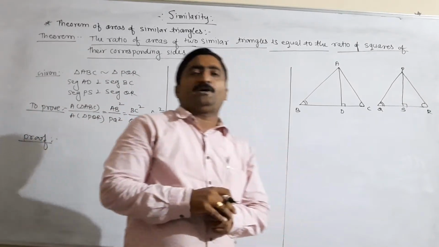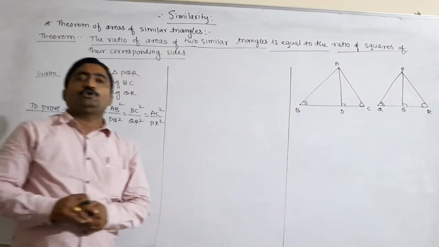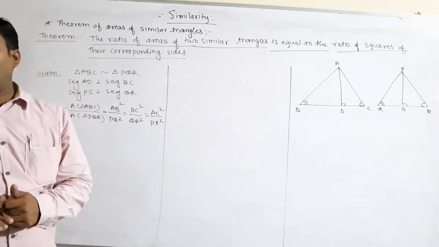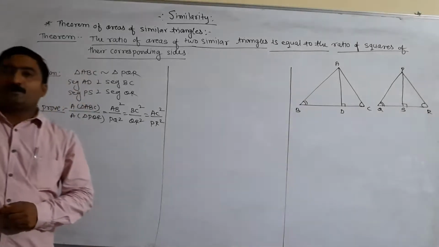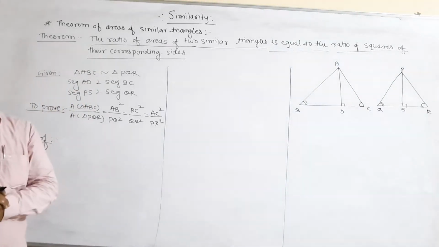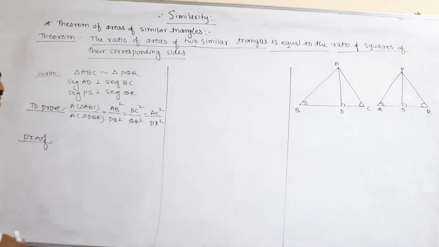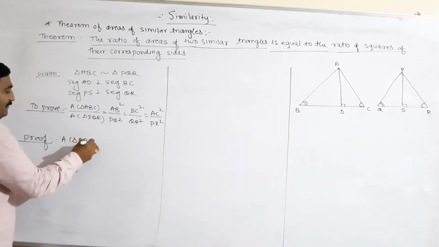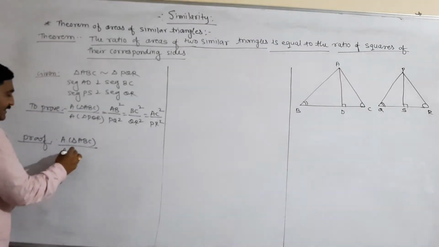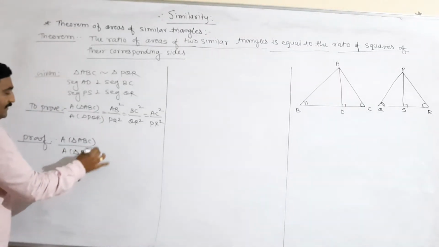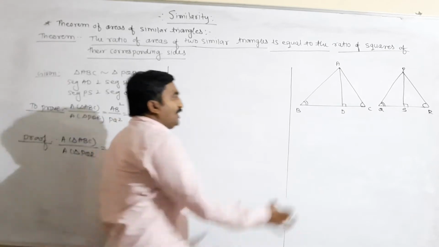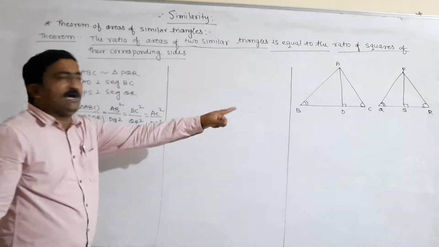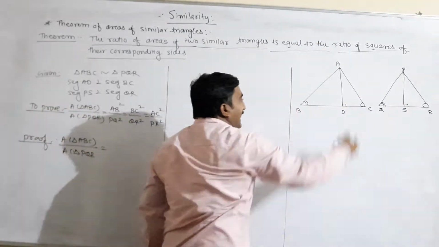The first point of the chapter we have to recall is the ratio of areas of two triangles. We know that the ratio of areas of two triangles is equal to the ratio of the product of their corresponding heights and bases. So area of triangle ABC divided by area of triangle PQR is equal to: the base of ABC is BC, the base of PQR is QR, and the heights are AD and PS.